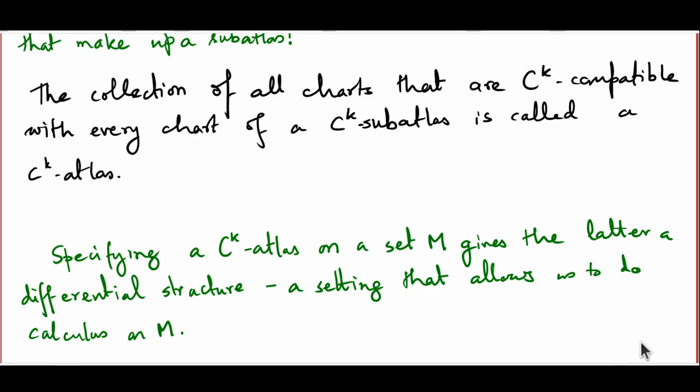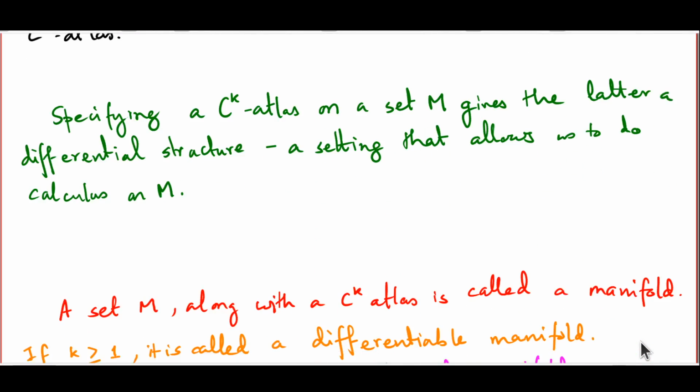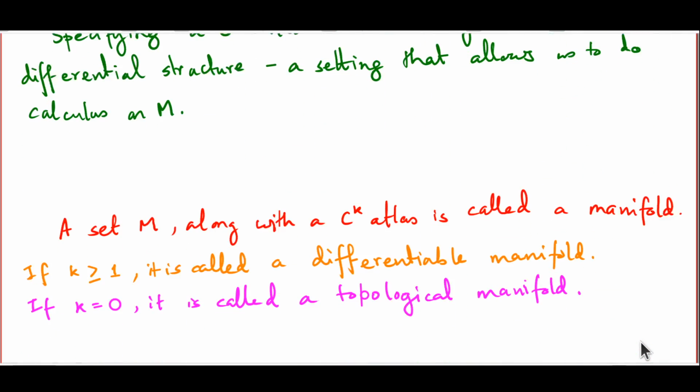There is, however, another important case which works in the opposite direction. If k is 0, what you have is that all the transition functions are guaranteed to be continuous, not guaranteed to be differentiable. If that is the case, you can talk about continuity of functions on this set using these coordinate charts, but you cannot go any further. In that case, you call your set a topological manifold.